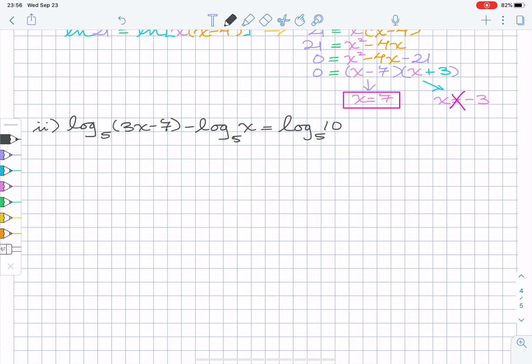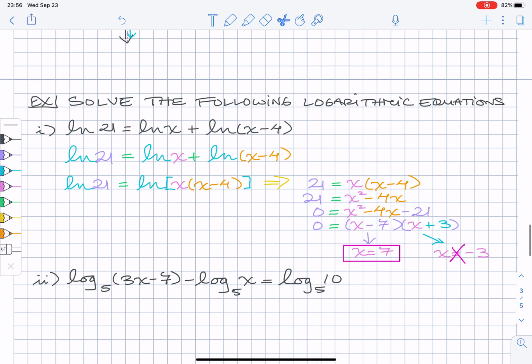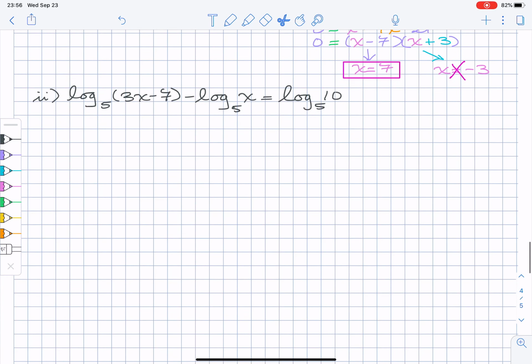So let's do log base 5 of the quantity 3x minus 7, minus log base 5 of x and set that equal to log base 5 of 10.